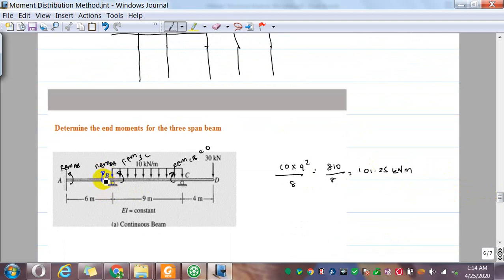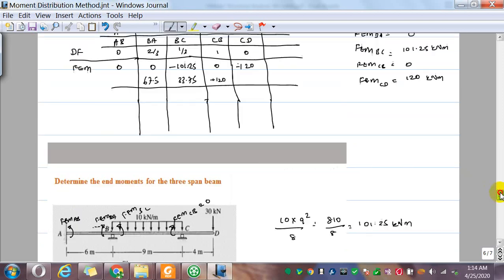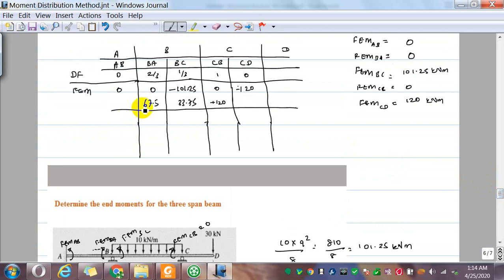That tends to rotate this in this direction, and here it should be kept flat with 0 slope, so it should apply another clockwise moment to keep that 0. That moment we have proved to be half of the moment on the other end. That is what we call a carryover.